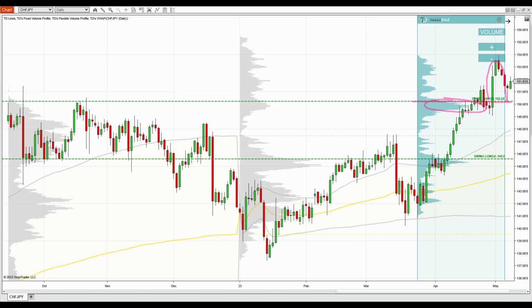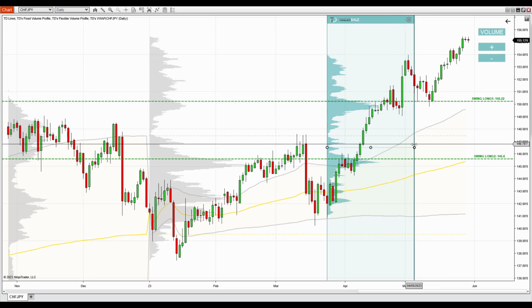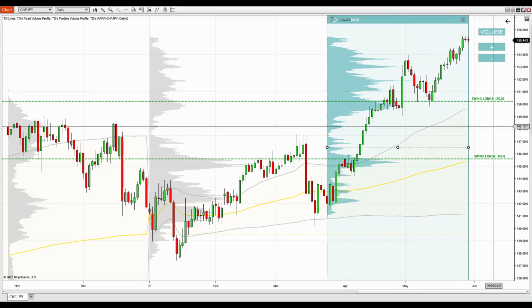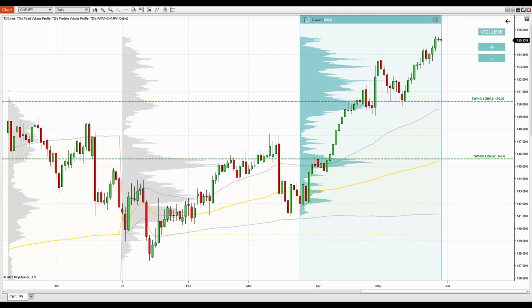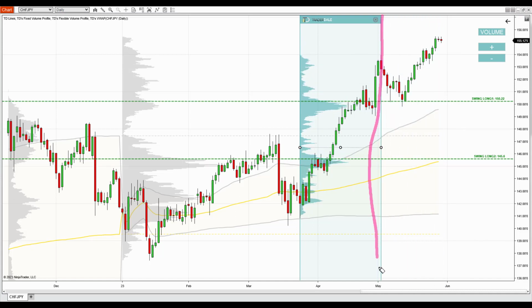This was the pullback, and then there was the reaction. So that's why I didn't show you the volume profile like this, because it would be a bit distorted, and at the time of publishing that level in my members area, we actually only saw this part of the chart.